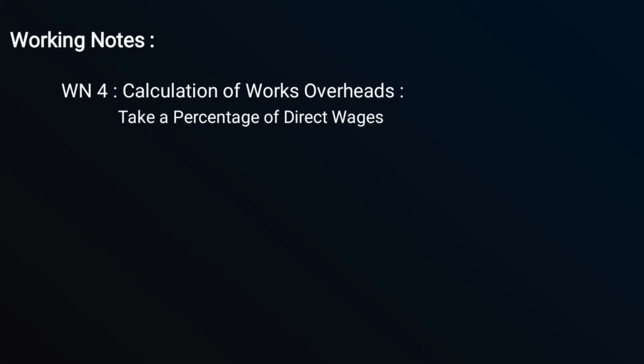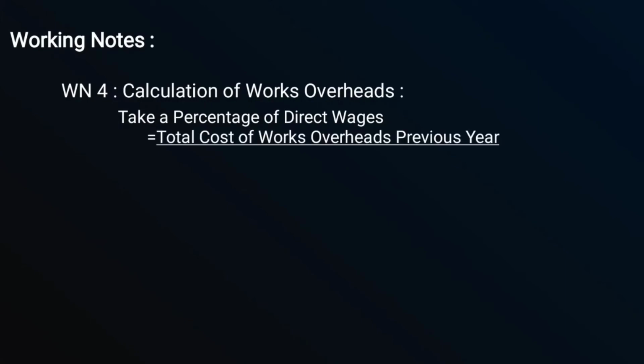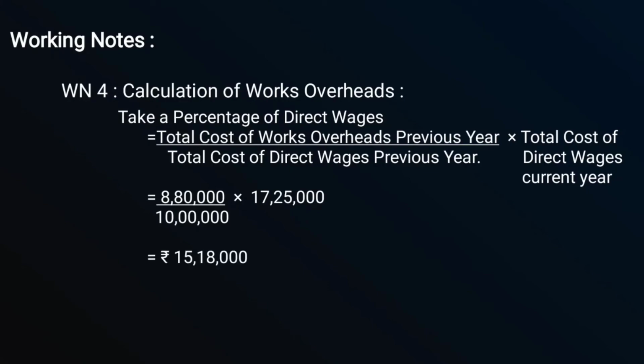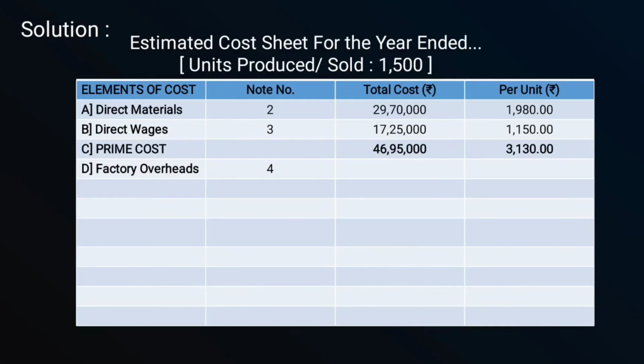Take a percentage of direct wages, which will be equal to total cost of works overheads of previous year divided by total cost of direct wages of previous year into total cost of direct wages of current year, which will be equal to 8,80,000 divided by 10 lakh into rupees 17,25,000, which will be equal to rupees 15,18,000. So factory cost amount will be rupees 15,18,000 and cost per unit will be rupees 1,012.